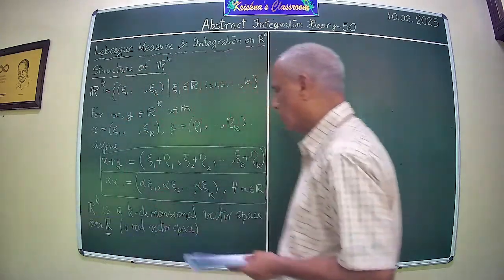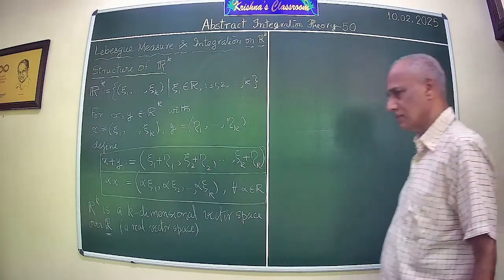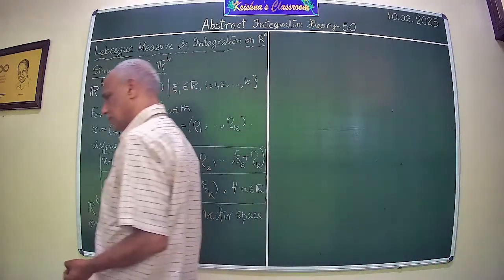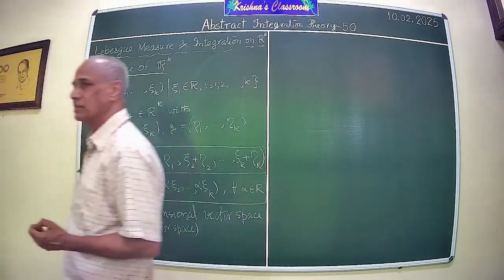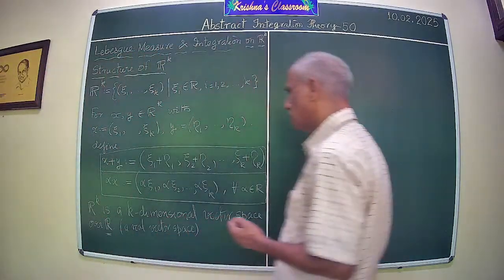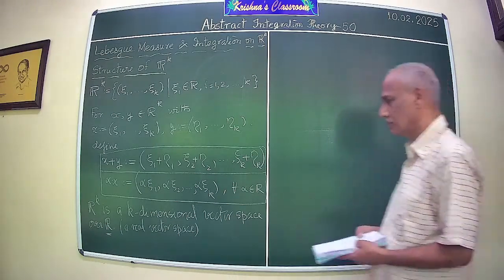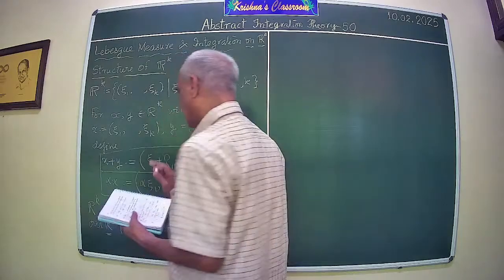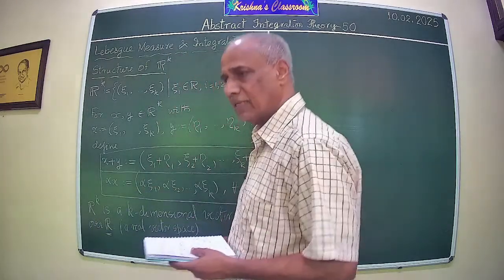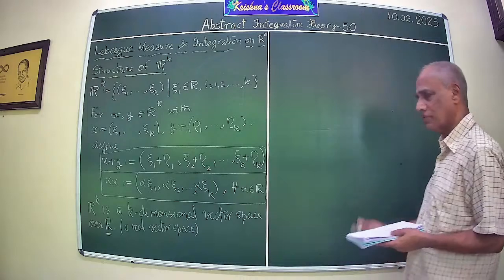That is because analogously you can talk about C^k over C. That's also a k-dimensional vector space where C is the complex field. Okay, and now you see that this is R^k, which is a generalization of R^2 and R^3, which we are familiar with.